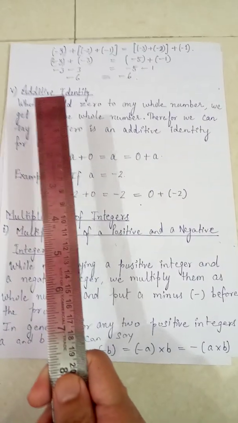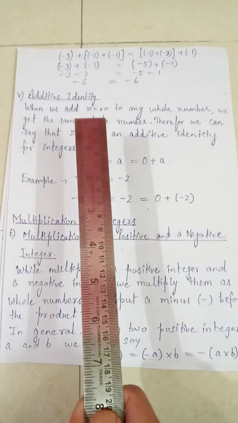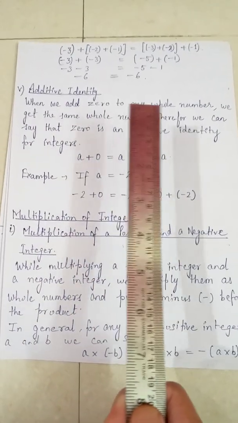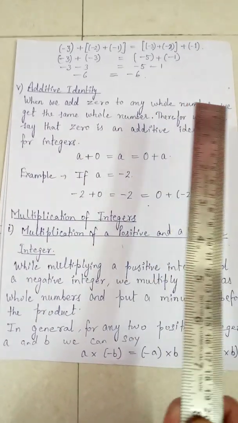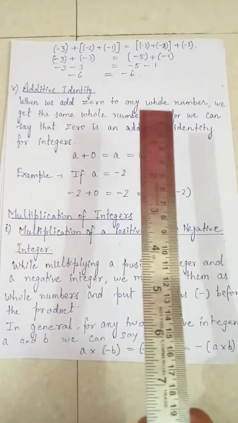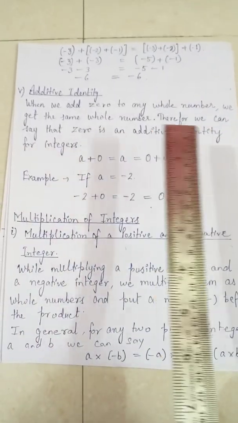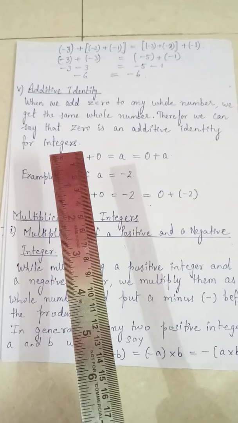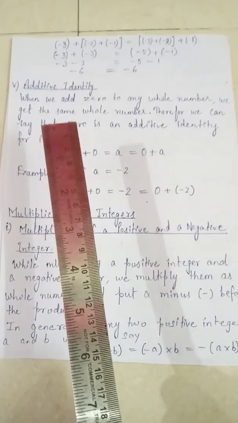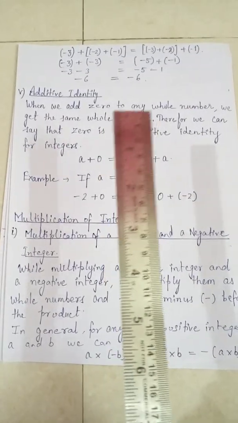Next is additive identity. When we add 0 to any whole number, we get the same whole number. Therefore, we can say that 0 is an additive identity for integers. So that means when we add 0 to any integer, we get the same integer.